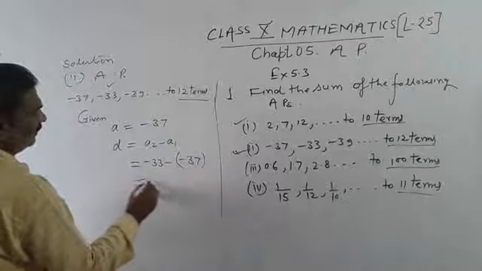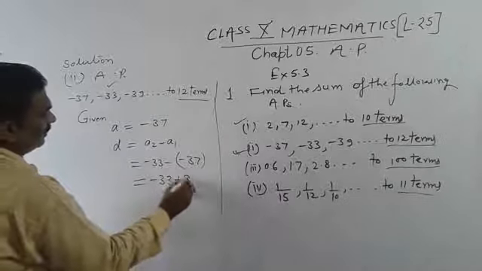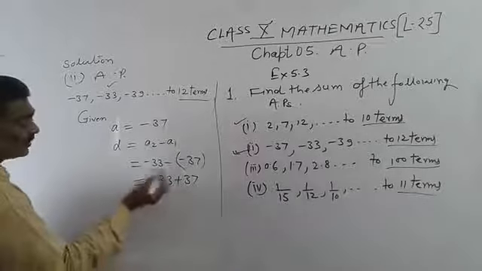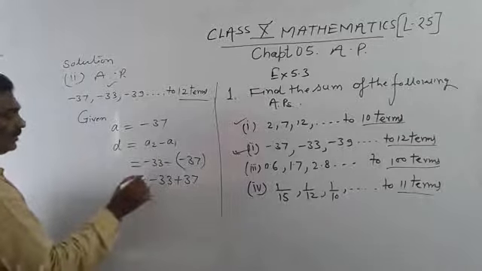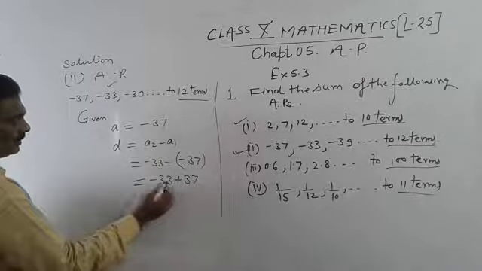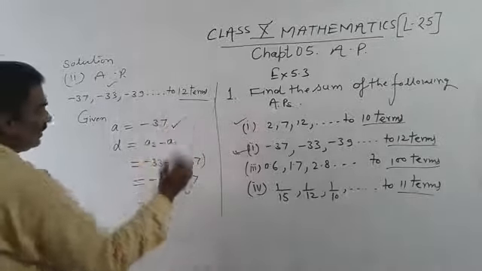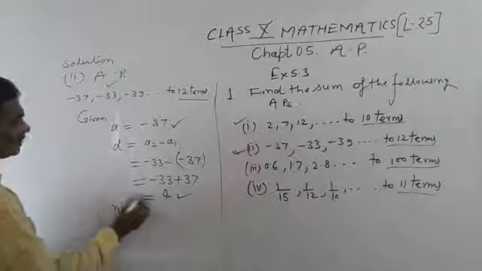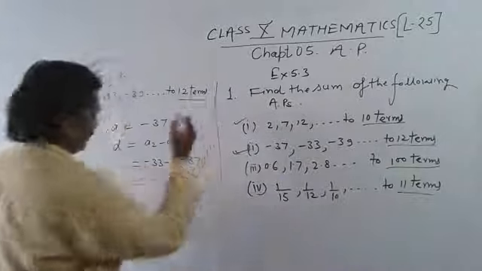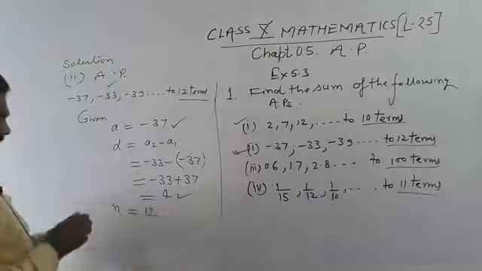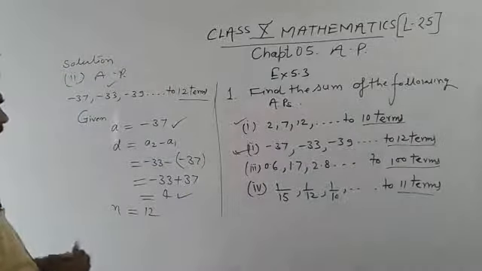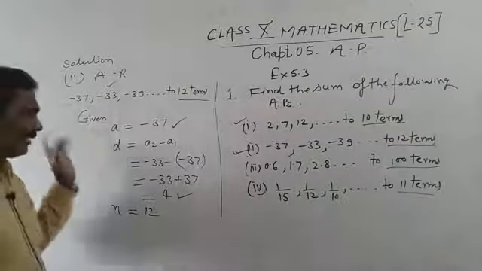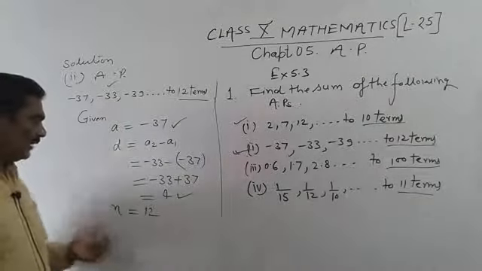So minus 33 plus 37, that is 4. So we have first term a as minus 37, common difference d as 4, and number of terms n as 12.